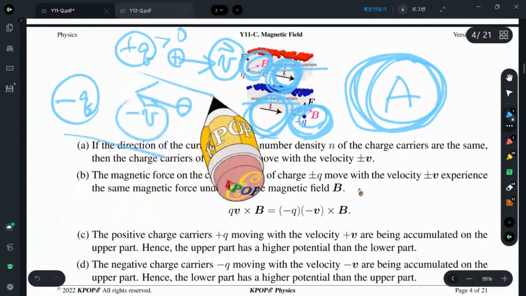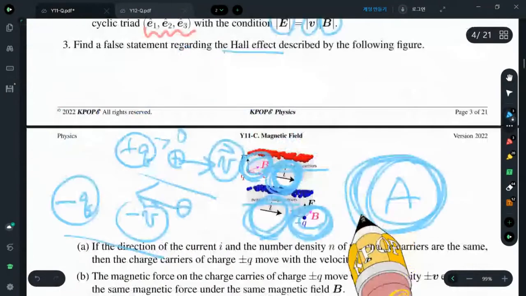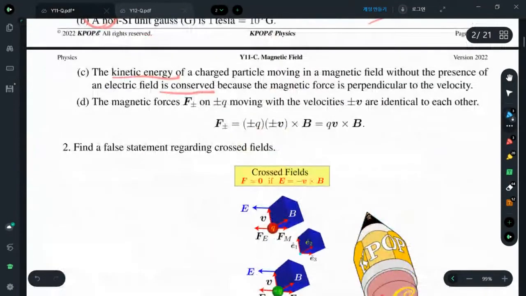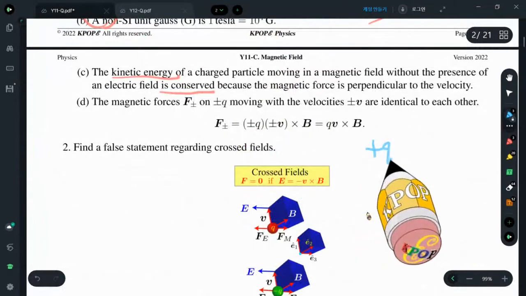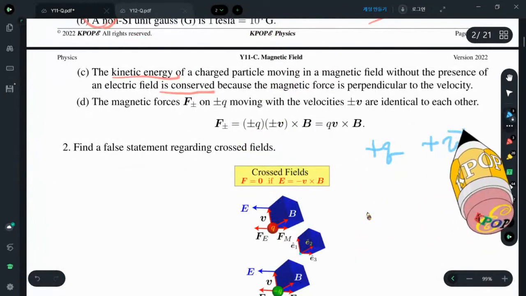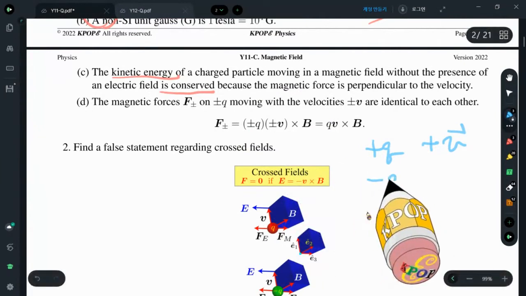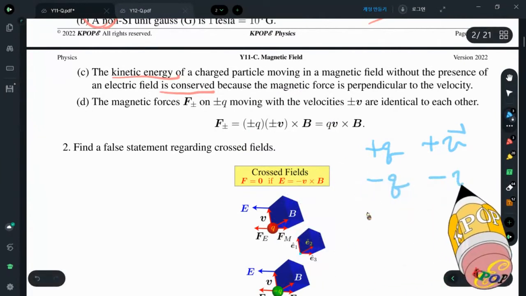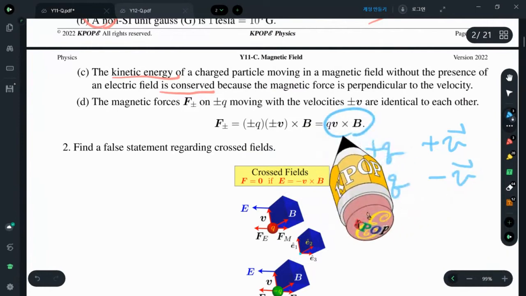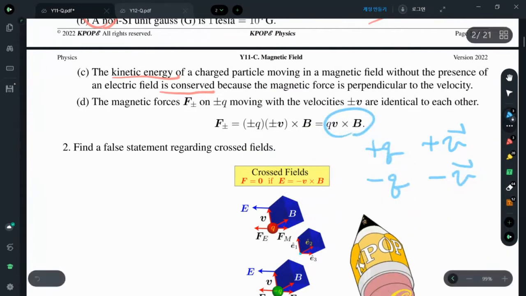We just learned that the magnetic force applied to plus Q moving with plus V, and the magnetic force applied to minus Q with minus V, are the same.